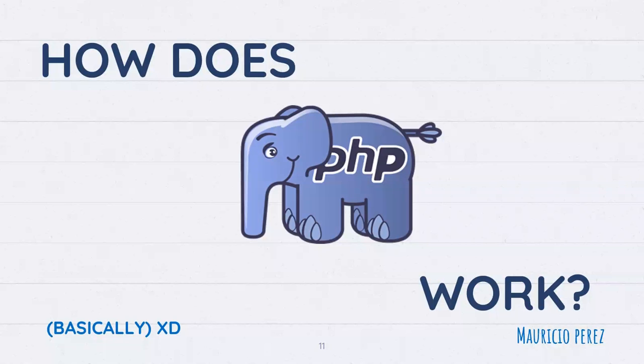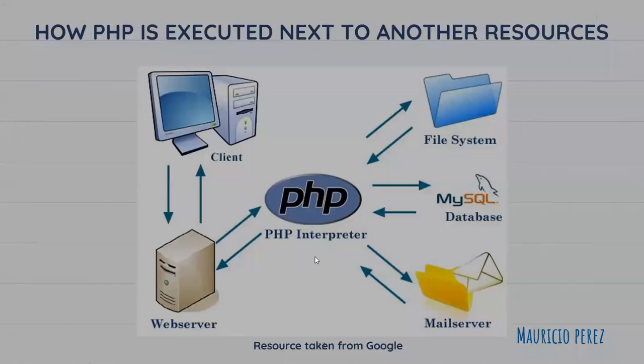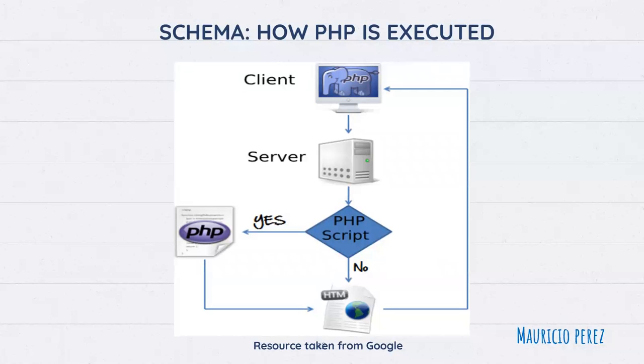And the last point, how does PHP work? Basically, this is the schema of how PHP gets executed once you have the whole package installed on your computer. Firstly, you make an HTTP request to the server, and then the server detects whether it is a PHP script.